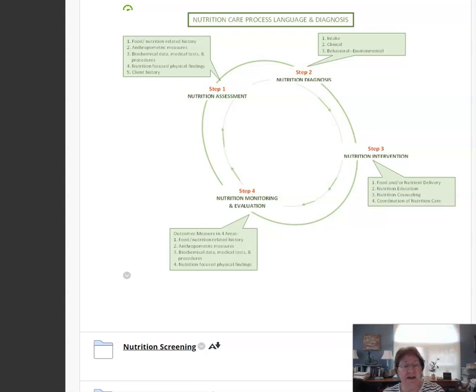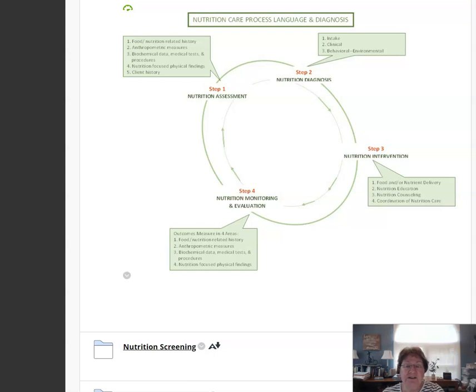Okay, other steps of the nutrition care process also have their own terminology that must be documented. If we were conducting nutrition intervention, so on the screen that you're looking at, that is step 3.